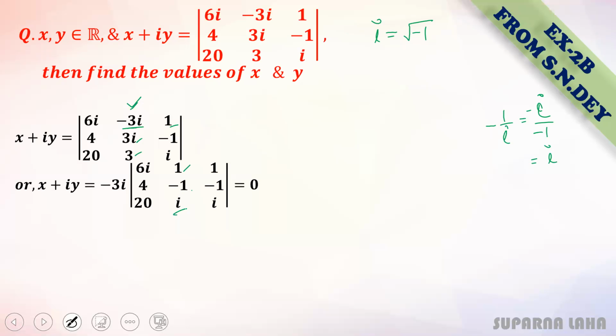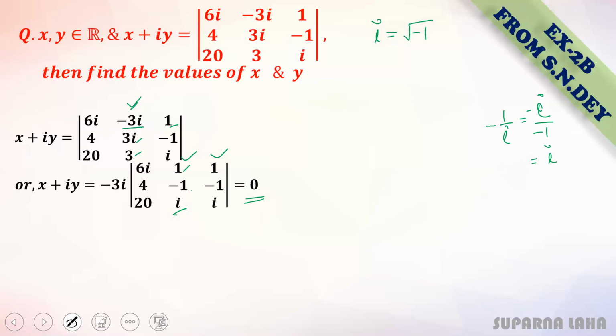Here it is. Now look at this second column and third column. They are identical. So according to the properties of determinants, since two columns are identical, the determinant value should be 0, because we know that if two rows or two columns are identical, the determinant is 0.